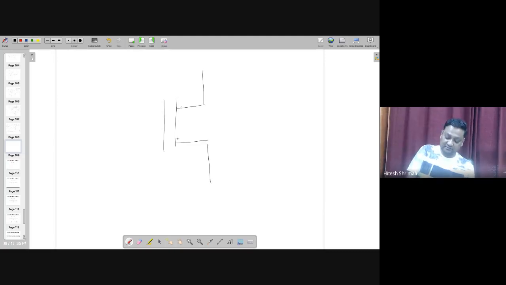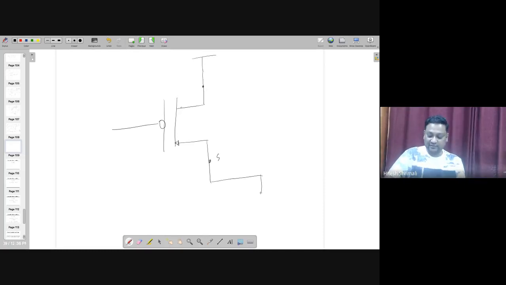Now let's understand one more thing. Generally, the symbol of PMOS looks like this. As I told you, drain and source are interchangeable. You can interchange it even if, say, the source is connected to some other place and the drain is connected to VDD.